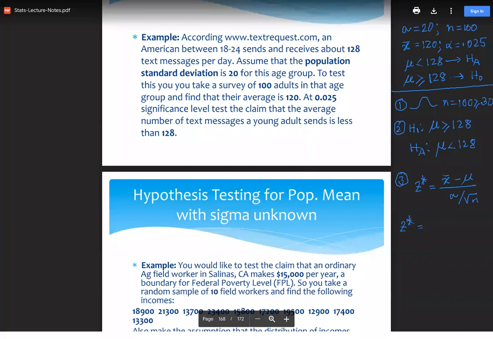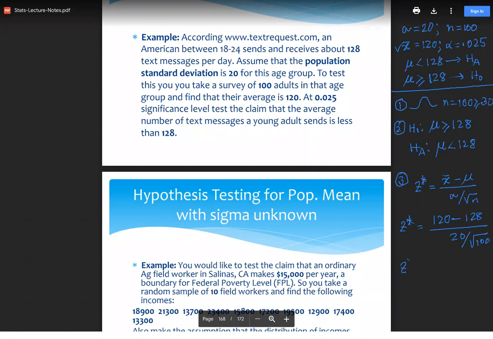Z star is going to be equal to X bar, which is 120, minus 128, divided by 20 over the square root of 100, which is 10.